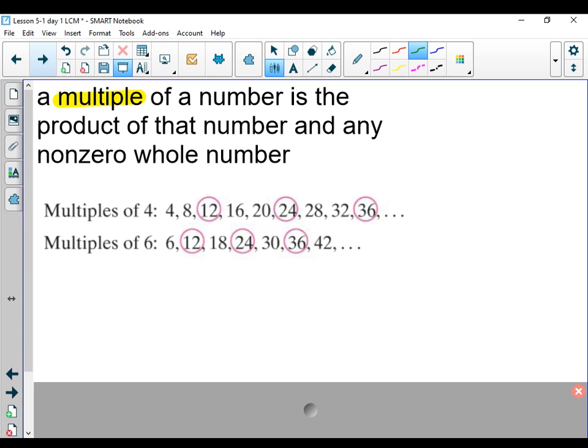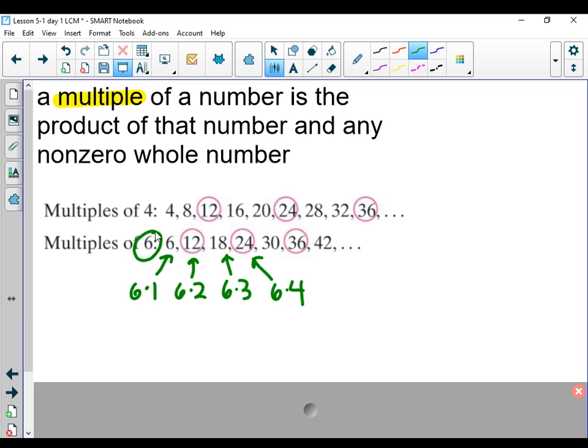So what does that mean? Multiples of 6 means 6 times 1, 6 times 2, 6 times 3, 6 times 4. Multiples, you multiply to get bigger.